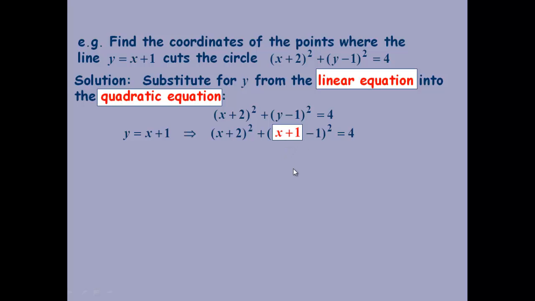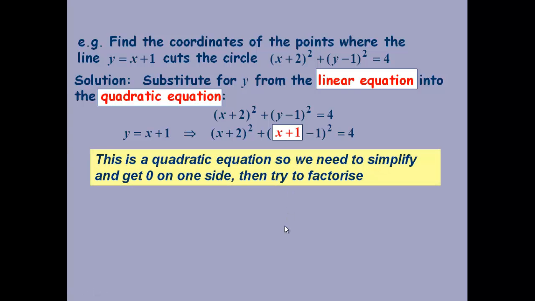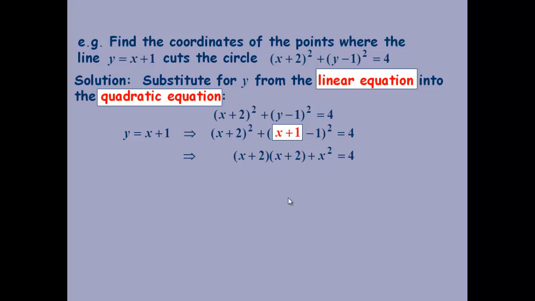This is what we're putting in. So we need to simplify it and then make it equal to 0 on the right hand side. So we've got this part here. You can see here that the x plus 1 minus 1 is going to just equal x squared, isn't it? The plus 1 and the minus 1 will cancel. So we can simplify it to this.